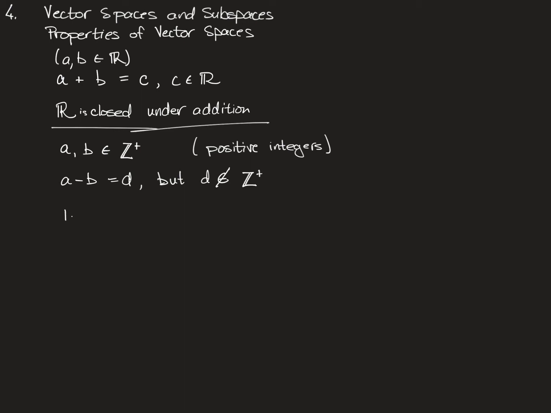If A is 1 and B is 3, then A is a positive integer and B is a positive integer, right? They're both in the set of positive integers, but when you subtract them, you get -2, and -2 is not in the positive integers. So we say here that the set Z plus is not closed under the operation that we tried to do on it, which was subtraction.